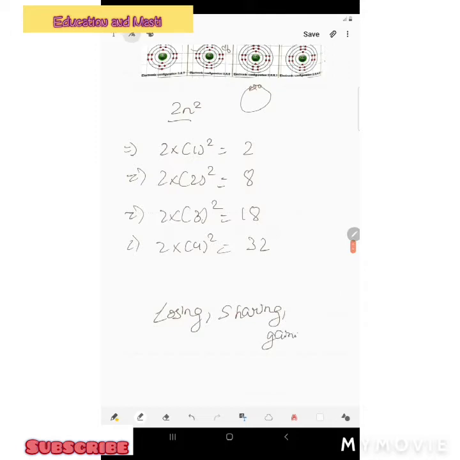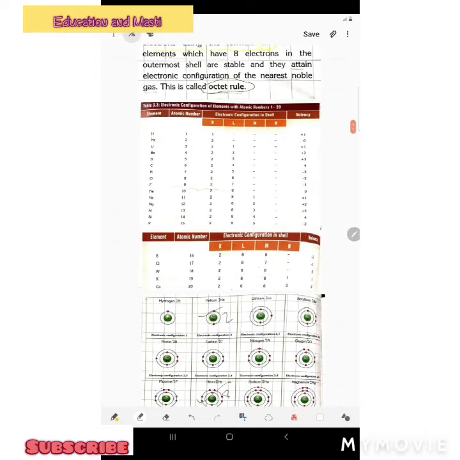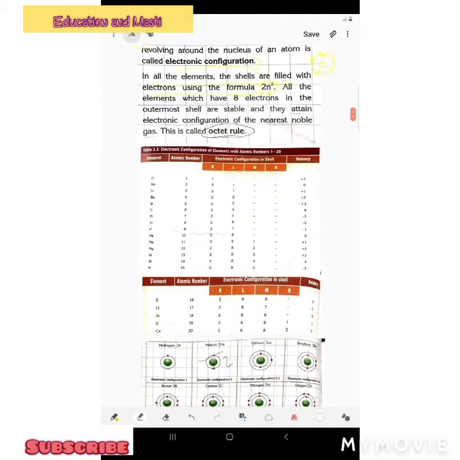Now let's see some of the elements, valence shells and everything. Here we have the electronic configuration of elements with atomic number 1 to 20. First see what elements are given: hydrogen, helium, lithium, beryllium, boron, carbon, nitrogen, oxygen, fluorine, neon, sodium, magnesium, aluminium, silicon and phosphorus. Here we have the atomic numbers 1 to 15.